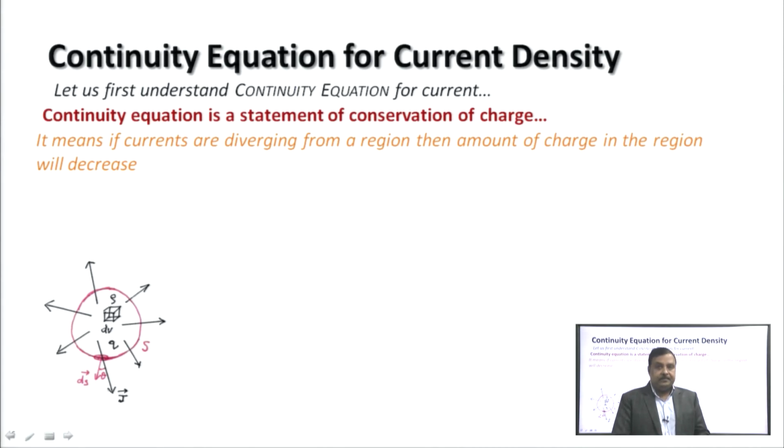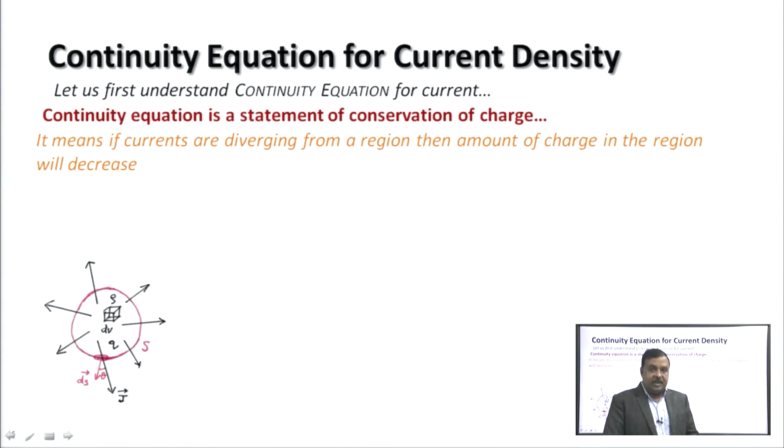In figure, a surface S is shown in red color. This is a closed surface, it encloses a volume. So, there is charge Q enclosed by surface S and currents are diverging from this region. This is shown by black arrows.